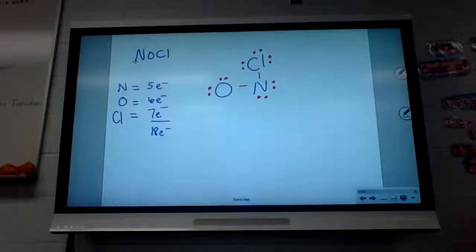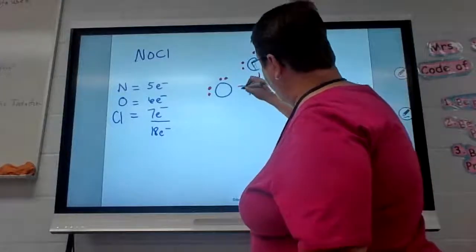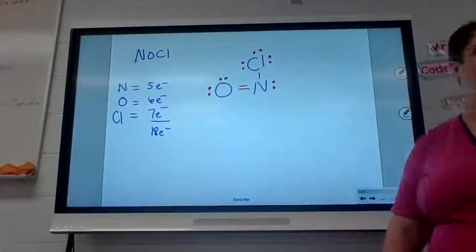Who doesn't have 8? Okay, so we need to help O. Who is the element directly beside the O? So N has the 8, so N has to help out the O. We're going to take 2 off the N and put them where? Next to the O in the middle. We're going to put them right here in the middle to help out the O.